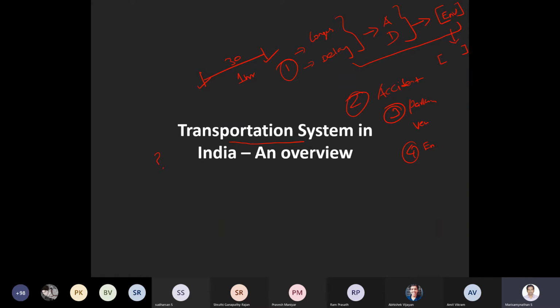We should have clarity about the terms as well as the detailed explanations. Then only can you understand these existing problems and provide the best solution. This is the main aim of this transportation engineering specialization.